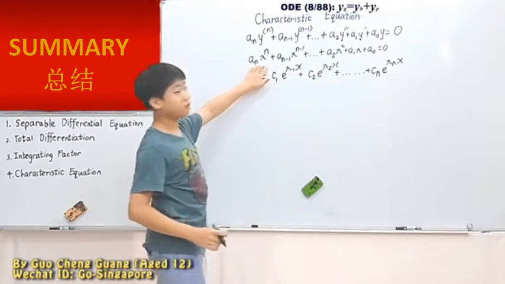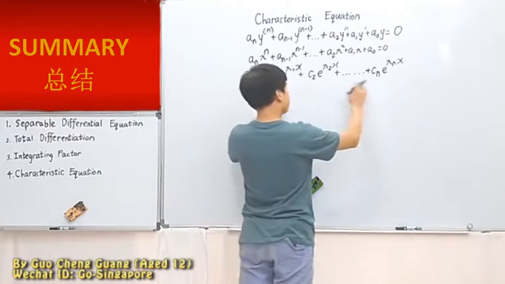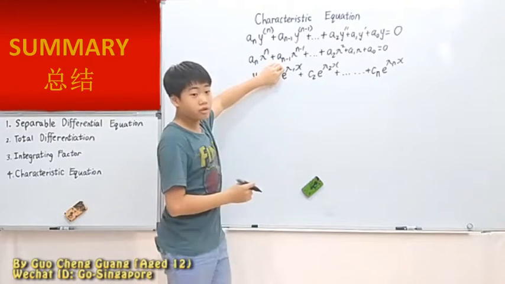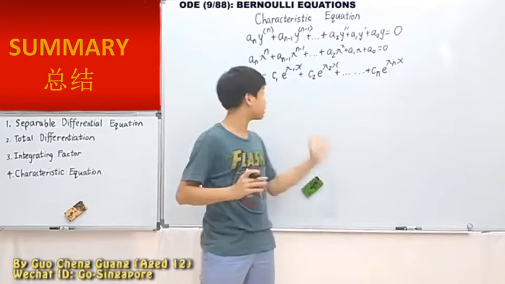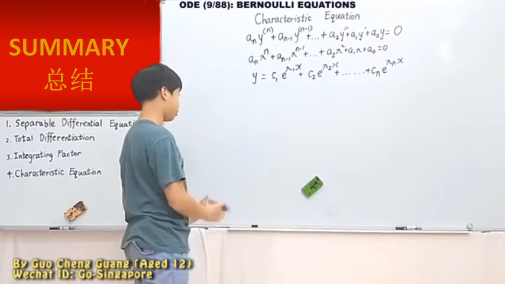You can say that it is somewhat general, but all these lambdas must be distinct. That means they must be different. For this case, they must all be different.